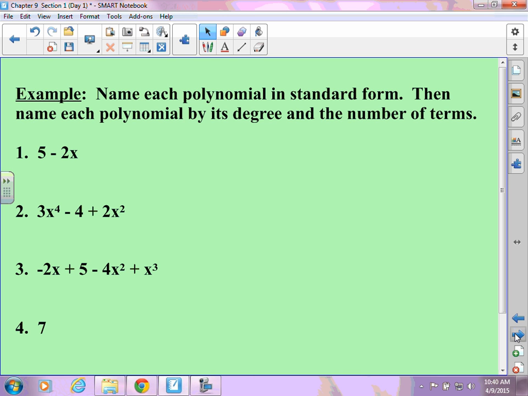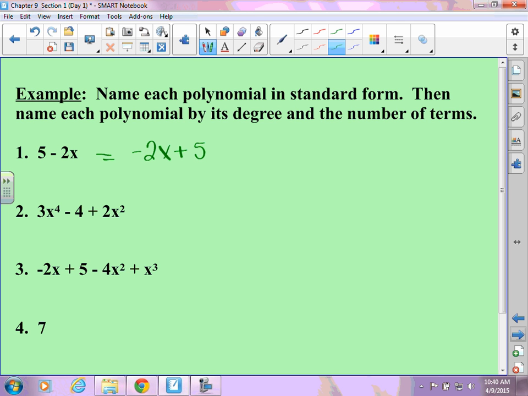Okay, notice that I really don't have any exponents that I can see, but I want to get my variable first. So I'm going to rewrite this as negative 2x plus 5. You'll notice that minus or negative in front of the 2, it goes with the number, all right? And since 5 doesn't have anything, it's a positive number. Now, what's the highest exponent?